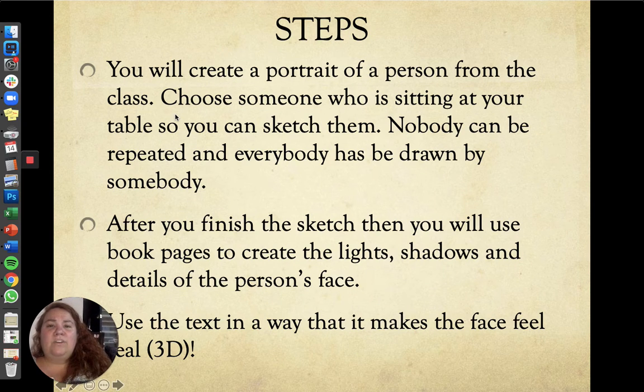You will make a sketch of the person or self-portrait you chose, and then use book pages, magazine pages, or newspaper, or all three of them, to create a portrait. Use the text in ways that make the face look more 3D.